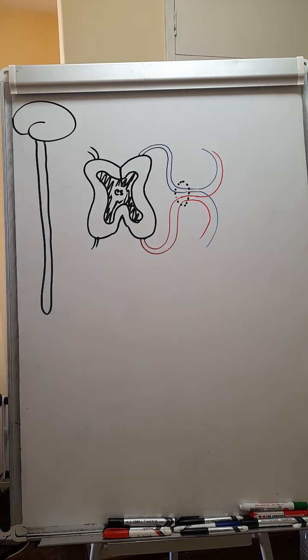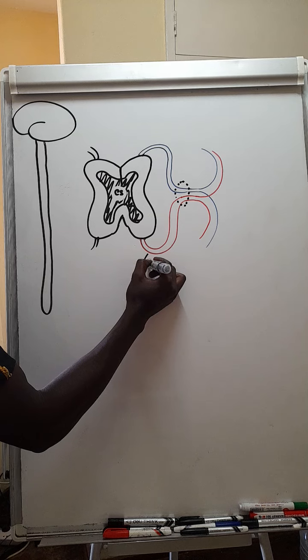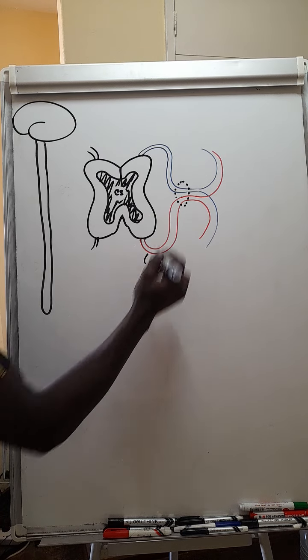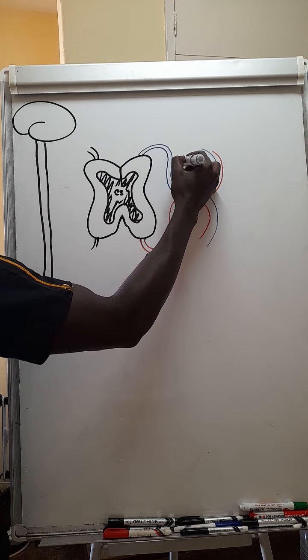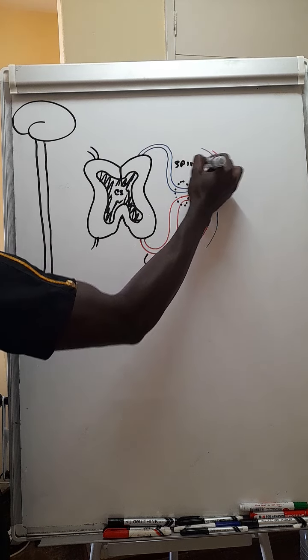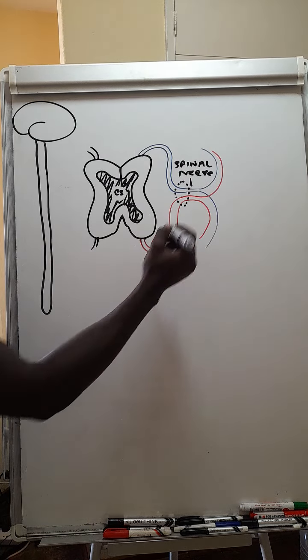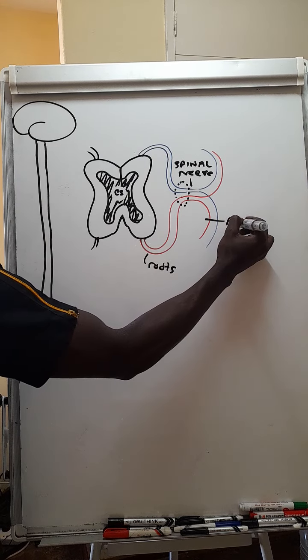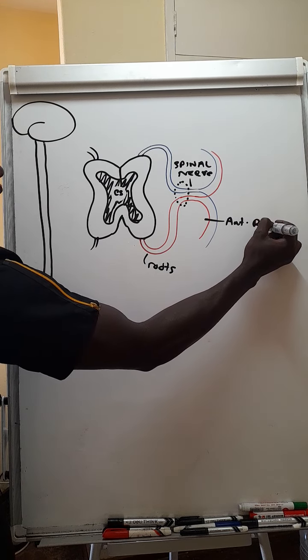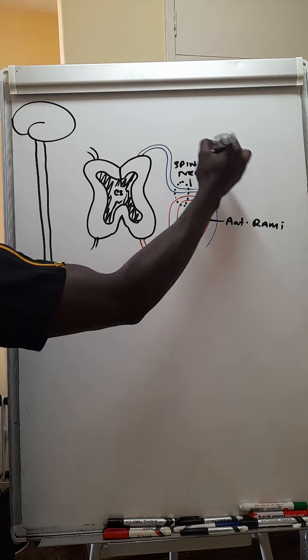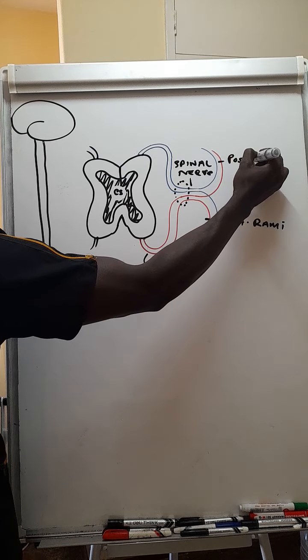So these are the rami, these are the roots. This was the spinal nerve, which ramifies into an anterior rami and a posterior rami.